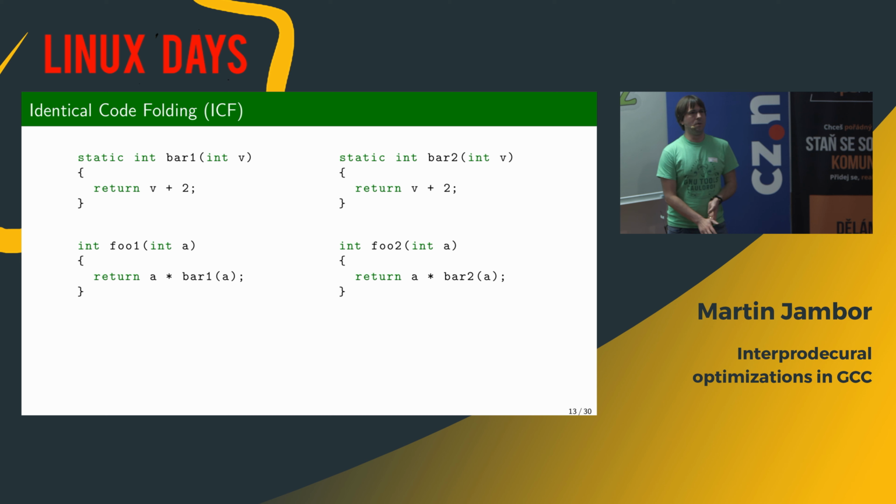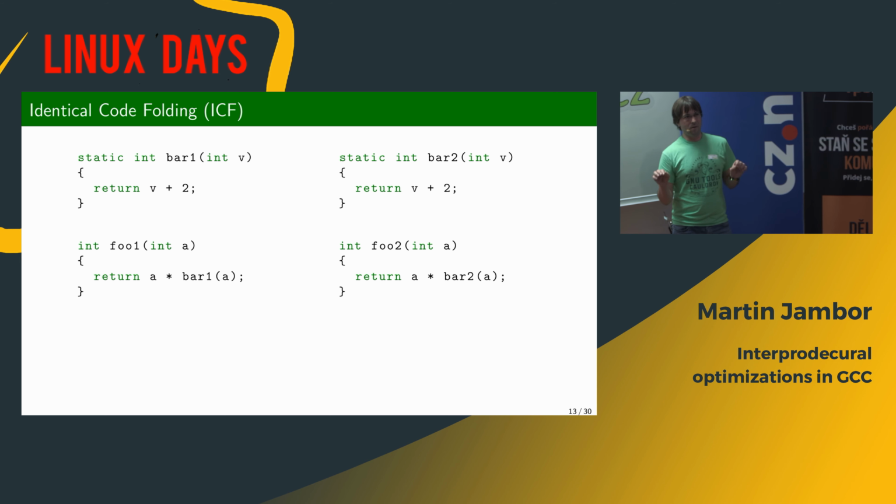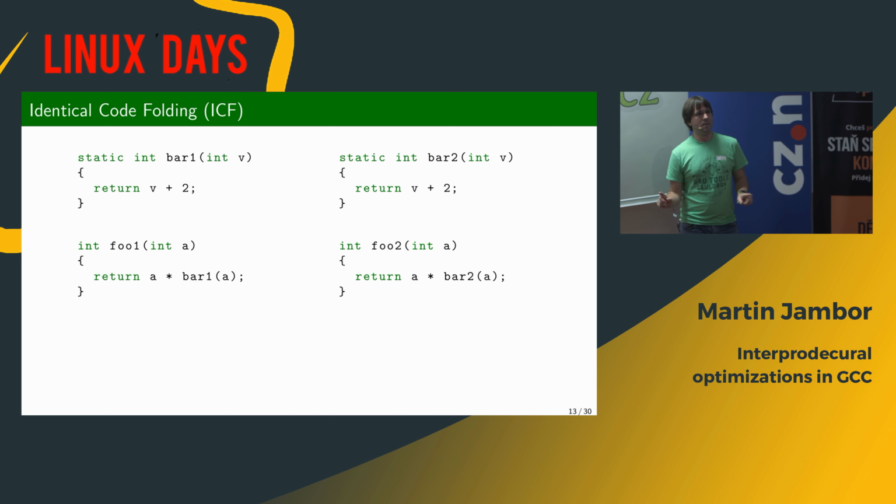This works also when such a function calls another. So when two functions are the same and they call functions that are the same, they can also be considered the same. Note that these are not static functions, and let's assume that their address is taken. So even in LTO, they are not local.